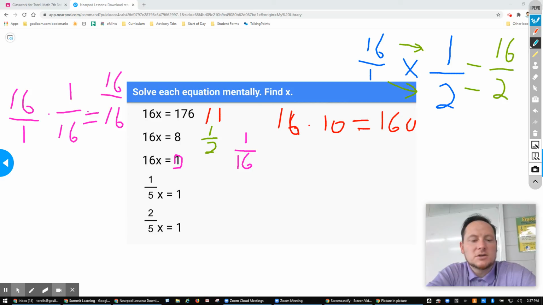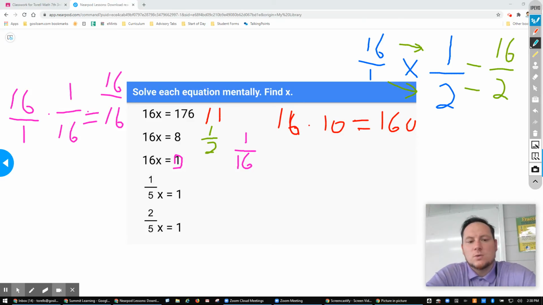So let's look at the next one, and hopefully this will solidify what we're trying to prove here. When something is divided by itself, as in 2 divided by 2, you're going to end up with the answer of 1. 3 divided by 3 is 1. So 3 times 1/3 is the same thing as dividing 3 by 3. 2 times 1/2 is the same thing as dividing 2 by 2.